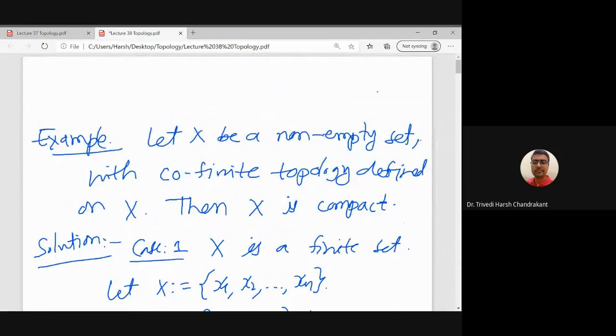Today we want to discuss some more examples of compact spaces, and for that what we want to prove is: if X is a compact topological space and Y is also a compact topological space, then X cross Y is also a compact space. That is similar to the result which we proved for connected spaces, that if X and Y are both connected, then X cross Y with respect to the product topology is connected.